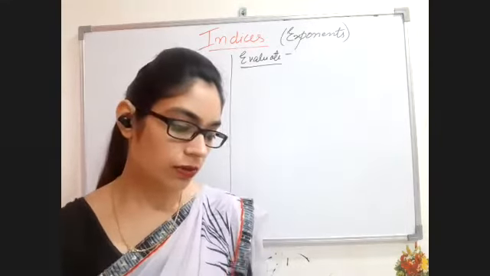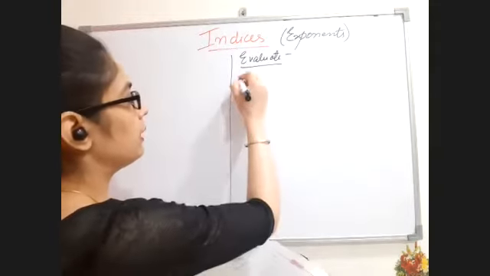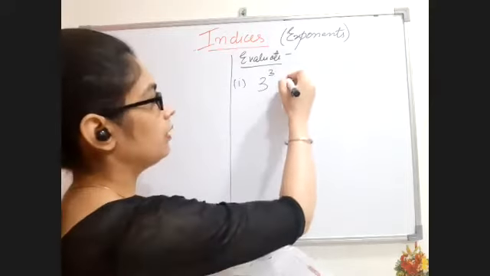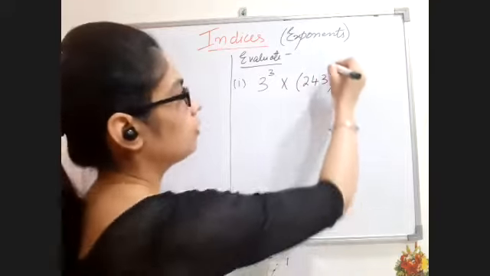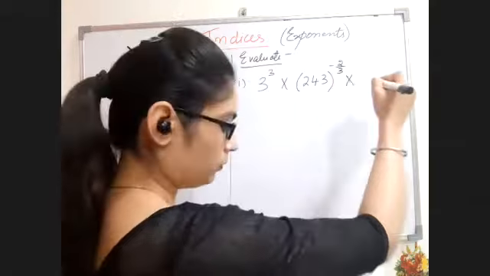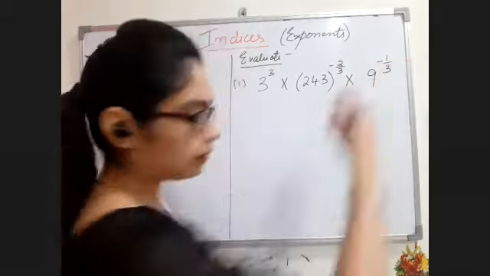So this is the meaning of evaluation. The first part is 3 to the power 3 into 243 to the power minus 2 by 3 into 9 to the power 1 by 3.